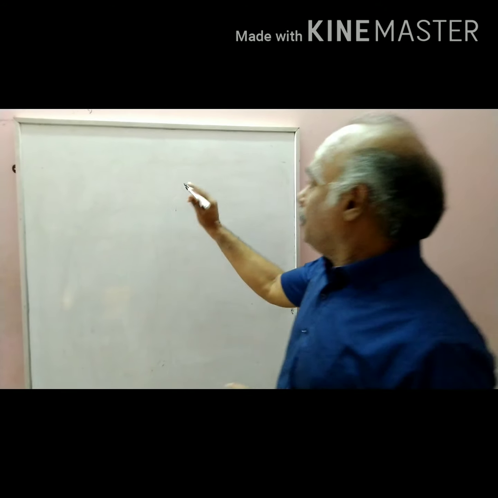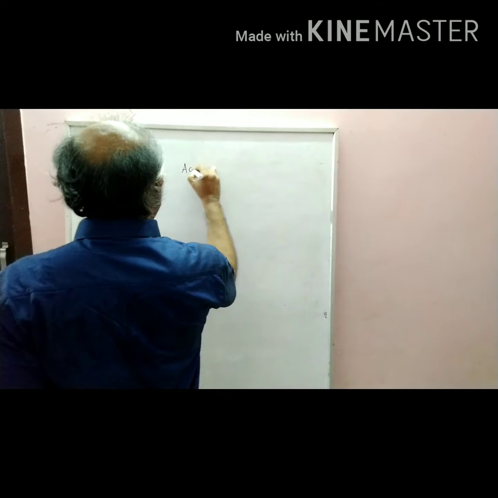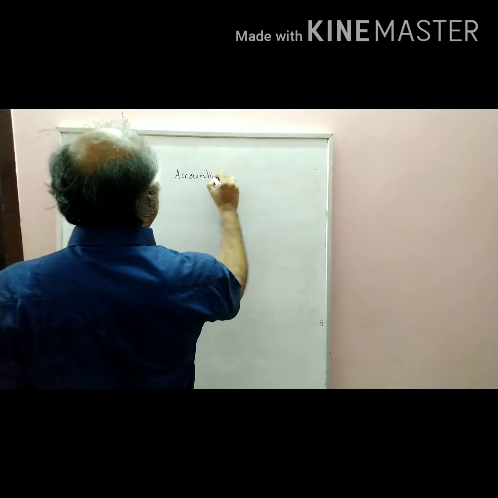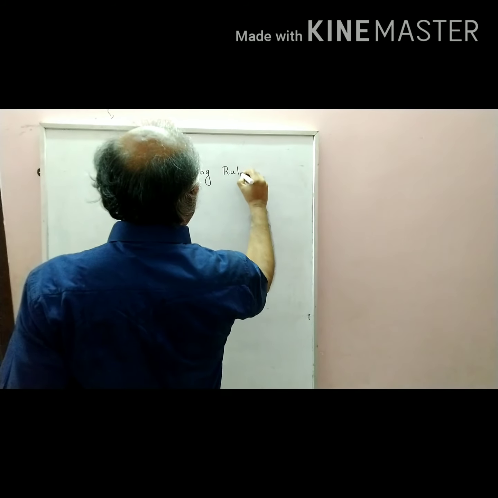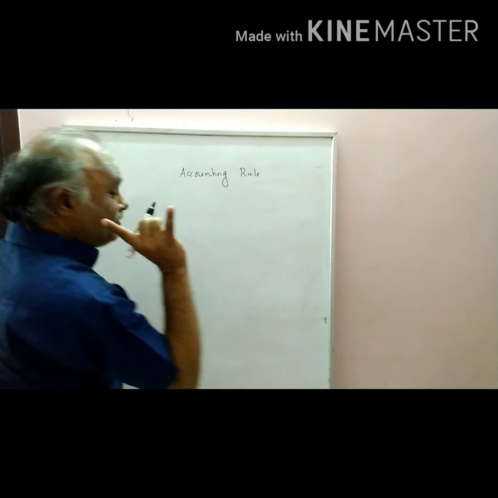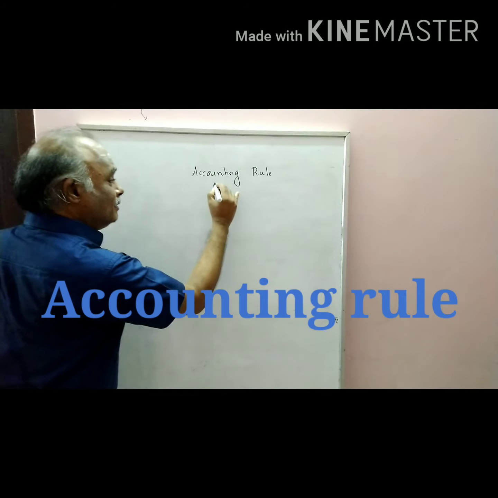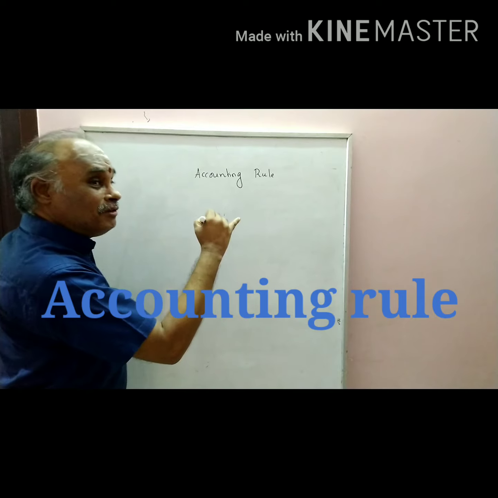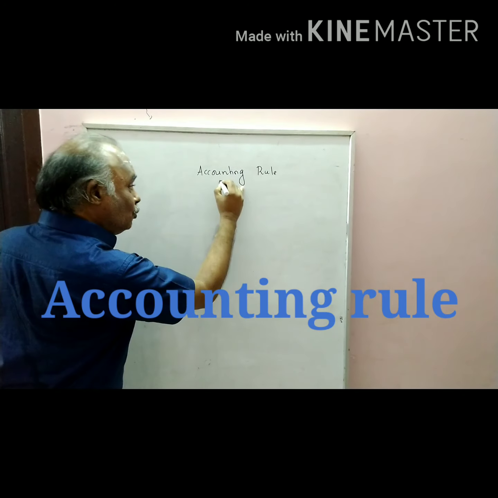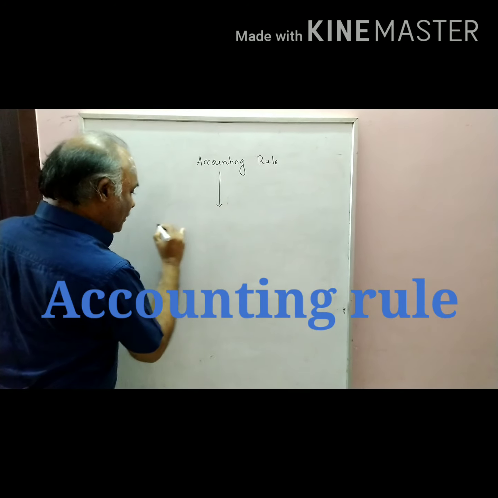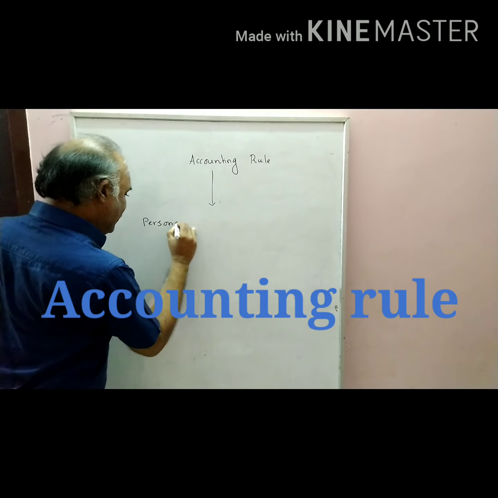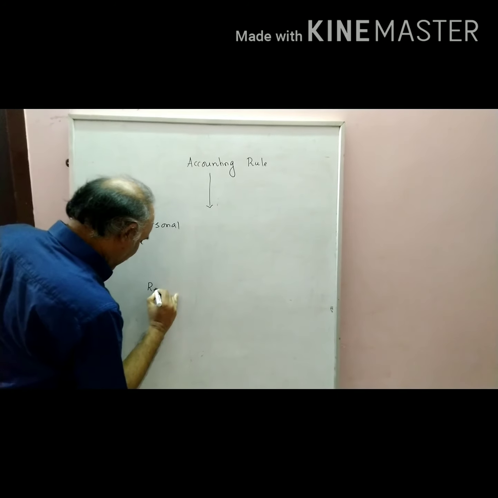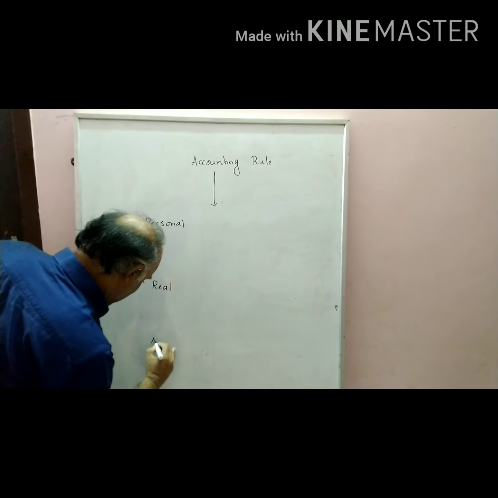Very, very important. Now, accounting rule is something which is needed for you to record the transactions in the journal. Accounting rule. This is based on the accounts which we have already classified. You know that we have classified accounts into personal, real, and nominal.